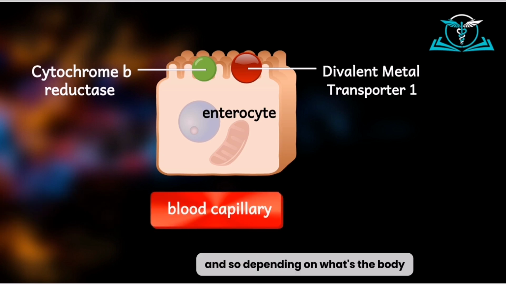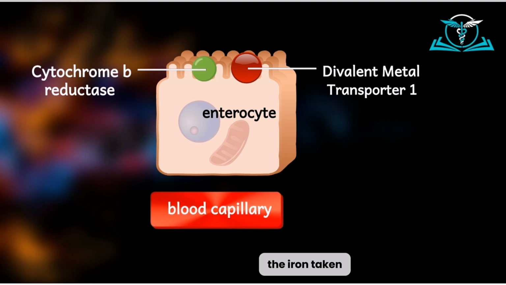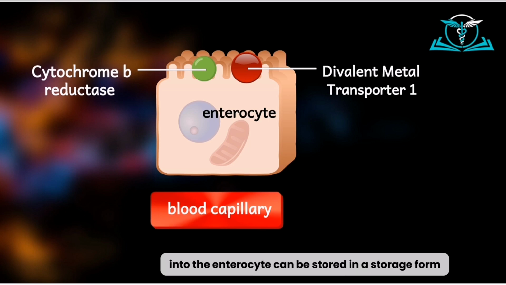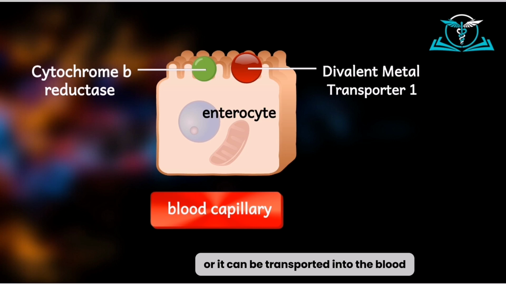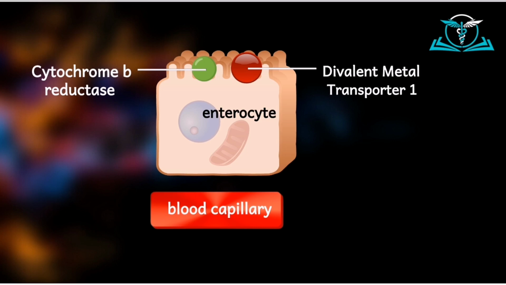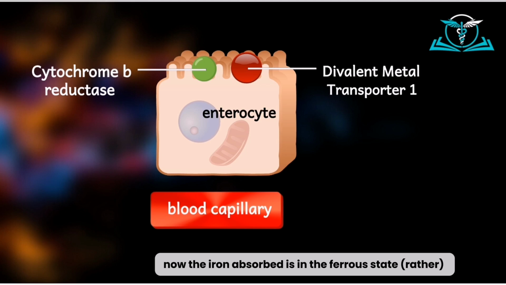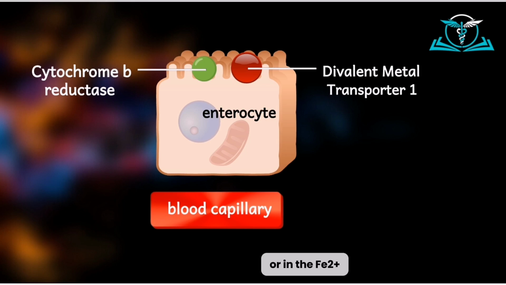And so depending on what the body's need of iron is, the iron taken into the enterocyte can be stored in a storage form, or it can be transported into the blood. Now, the iron absorbed is in the Fe2+ state.